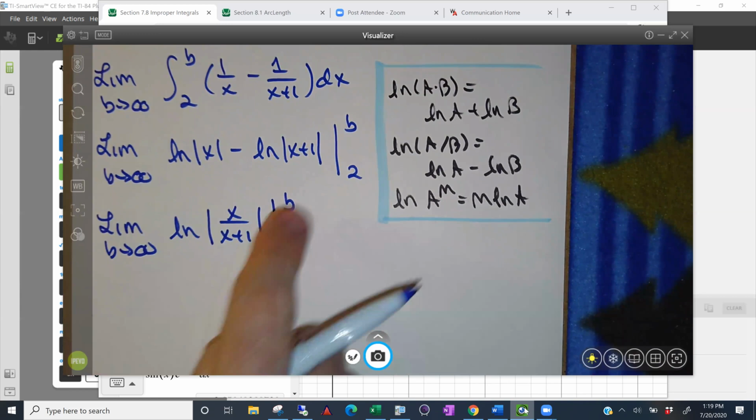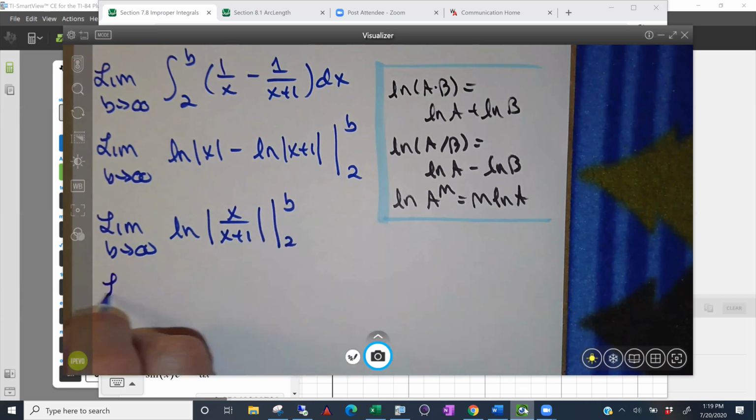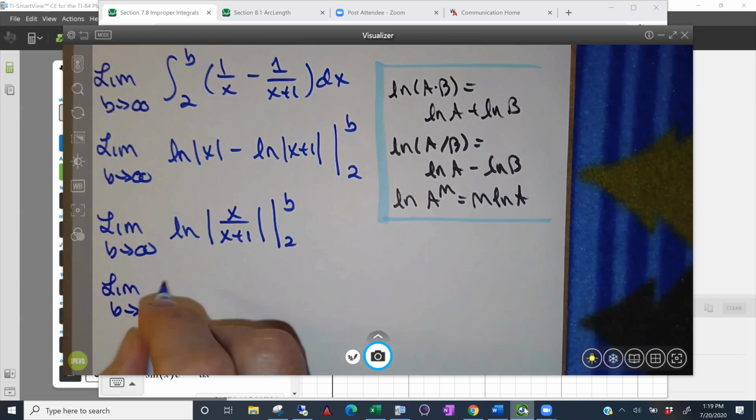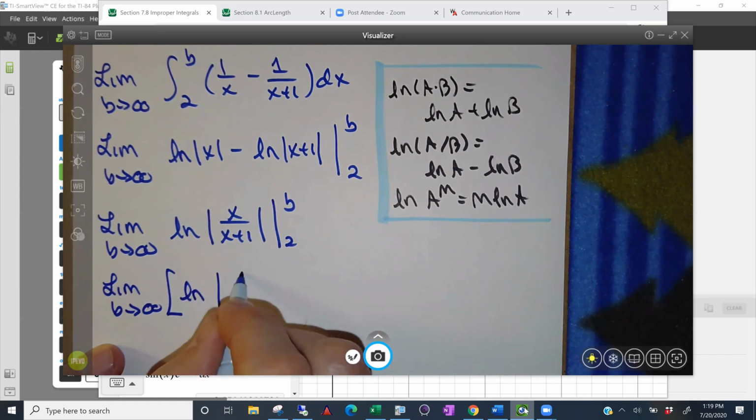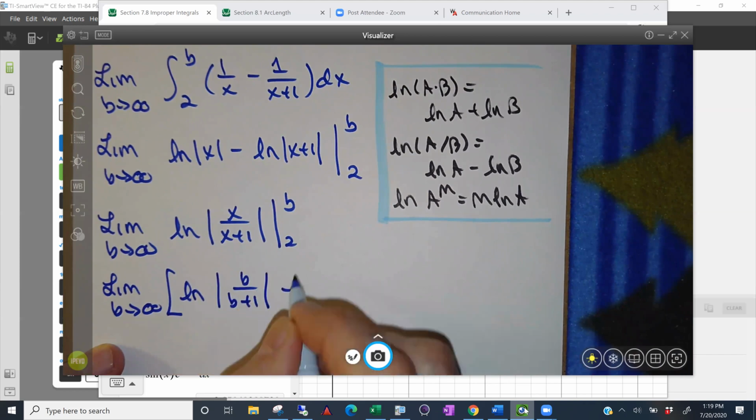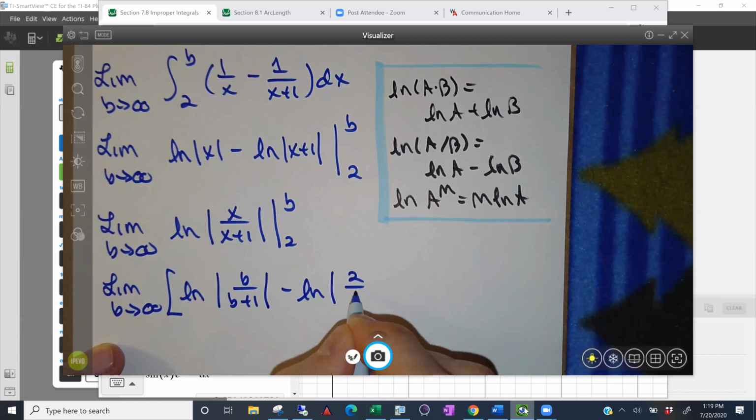And now let's pop in our limits. So this is going to be the limit as b approaches infinity of the ln of b over b plus 1 minus the ln of 2 over 3.